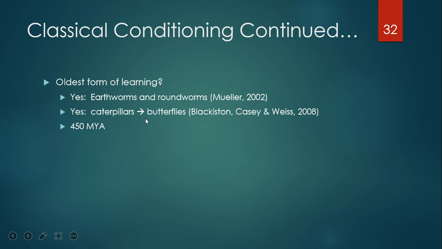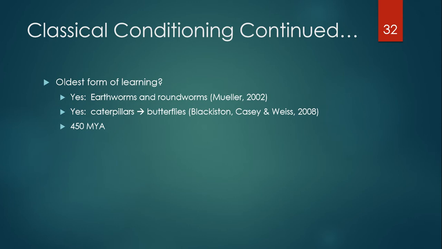When a caterpillar is inside of its chrysalis, it's just like goo, basically. But somehow it comes out on the other side as a butterfly and still has that learning locked away somewhere in its brain. So these classical conditioning principles are incredibly simple if they can somehow survive that transformation.